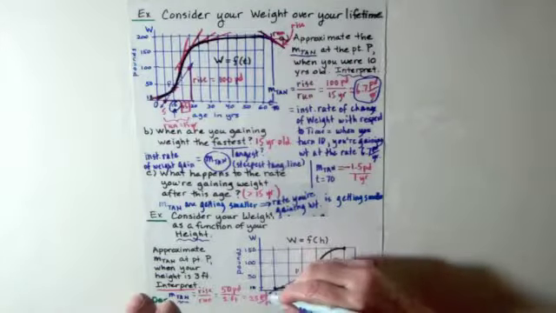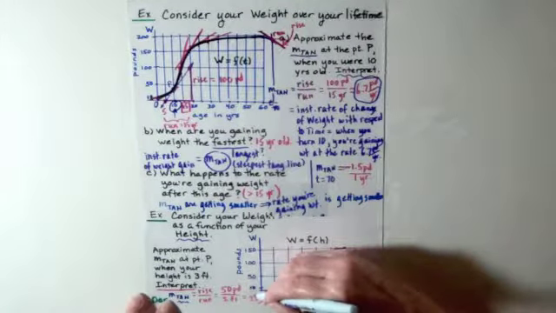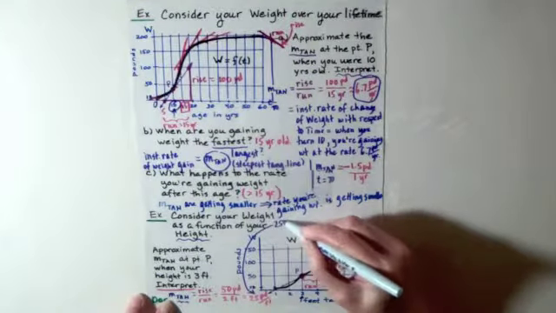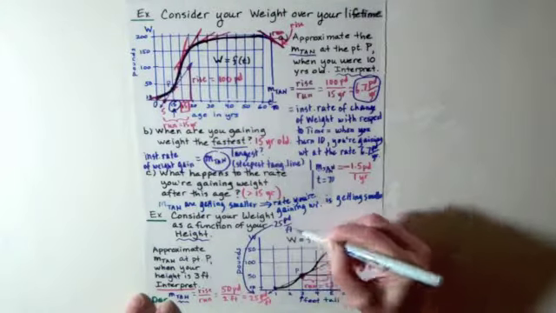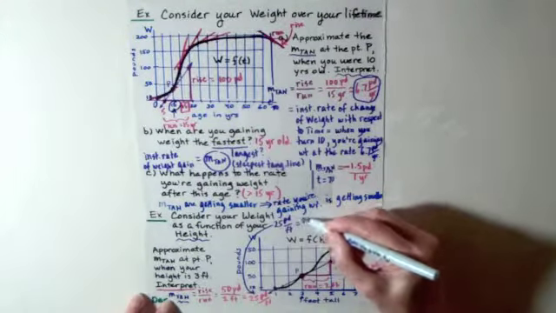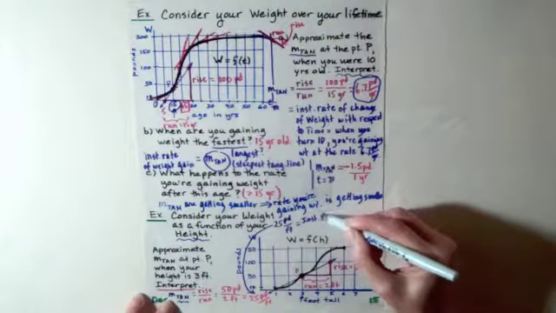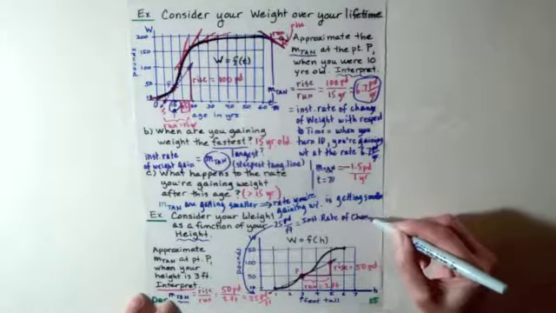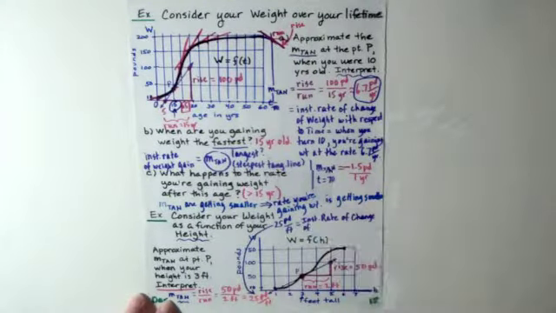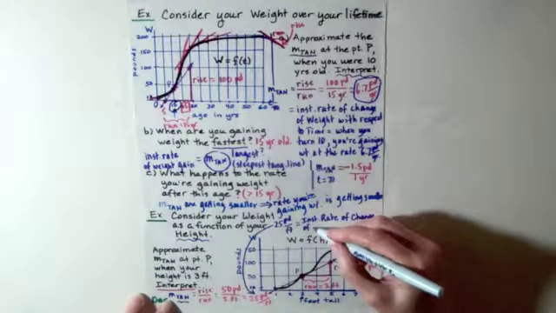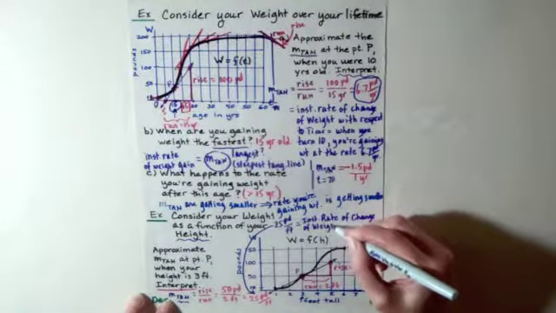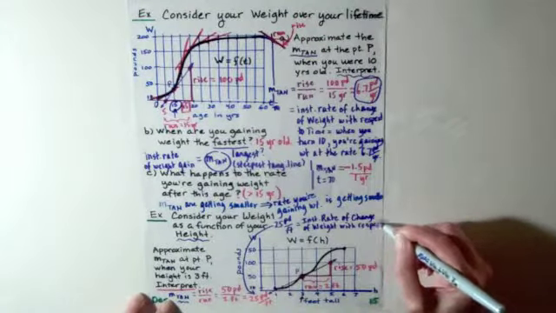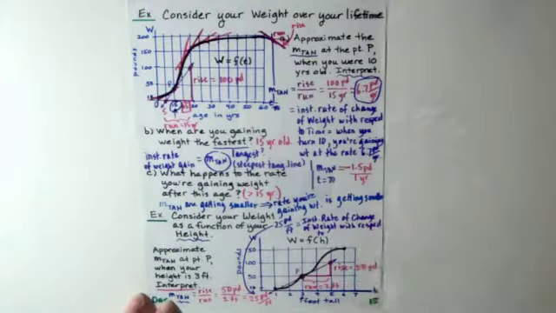So this 25 pounds per foot, I'll just write it up here since I've run out of room. This 25 pounds per foot, it's the slope of a tangent line, so it's the instantaneous rate of change of your output variable, which is W, your weight, with respect to your input variable, which is no longer time.